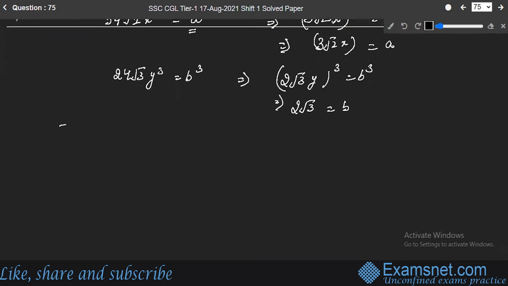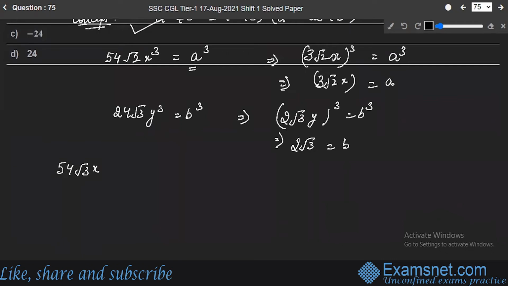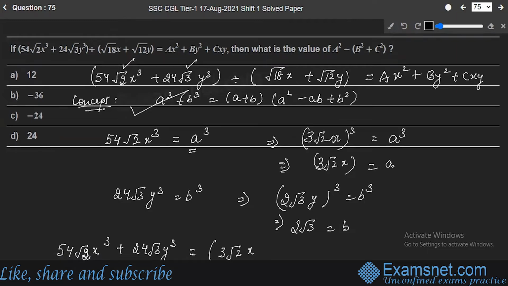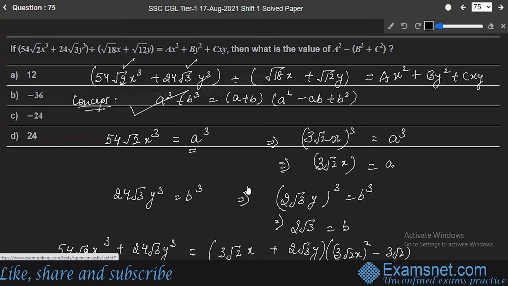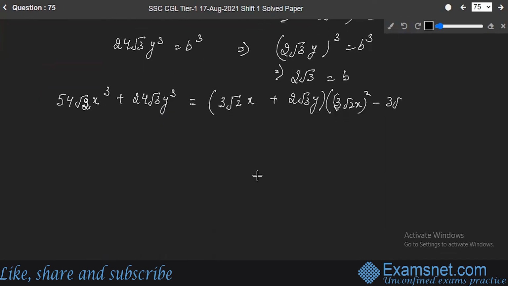This makes 54 root 2 x cube plus 24 root 3 y cube equal to a, which is 3 root 2 x, plus 2 root 3 y, whole multiplied by a square, which is (3 root 2 x) square, minus a into b plus b square.